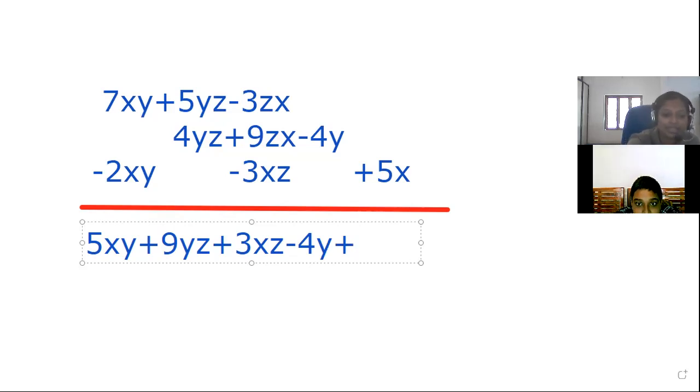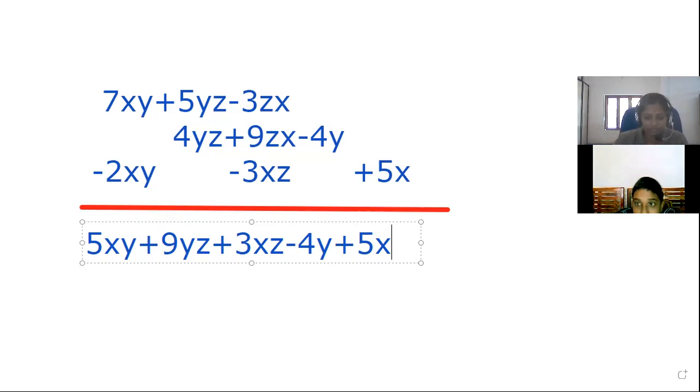Similarly, plus 5x. So this is the sum of these three expressions: 5xy plus 9yz plus 3xz minus 4y plus 5x. It is given in your textbook itself on page number 139.